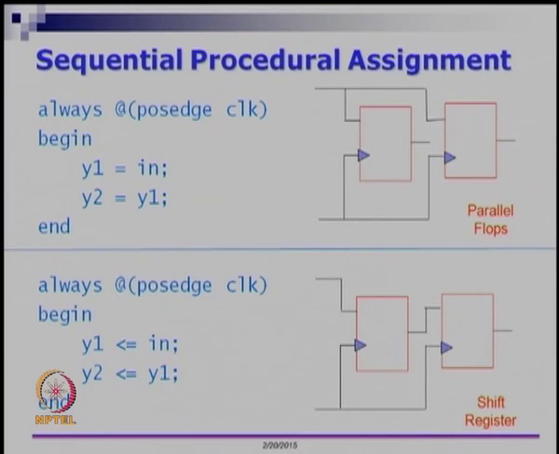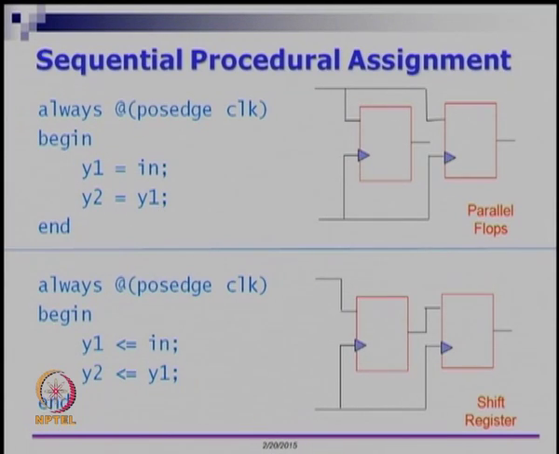Going back to the Verilog models I talked about for flip flops: at passage of clock, any assignment that you do inside is supposed to be for flip flops. Let us look at y1 equals in. This means take whatever is in, sample it, and because of the equality sign, assign it to y1 immediately. Because this is blocking, until y1 copies in, the second line will not get executed, so the current value y1 got is available at the right hand side here.